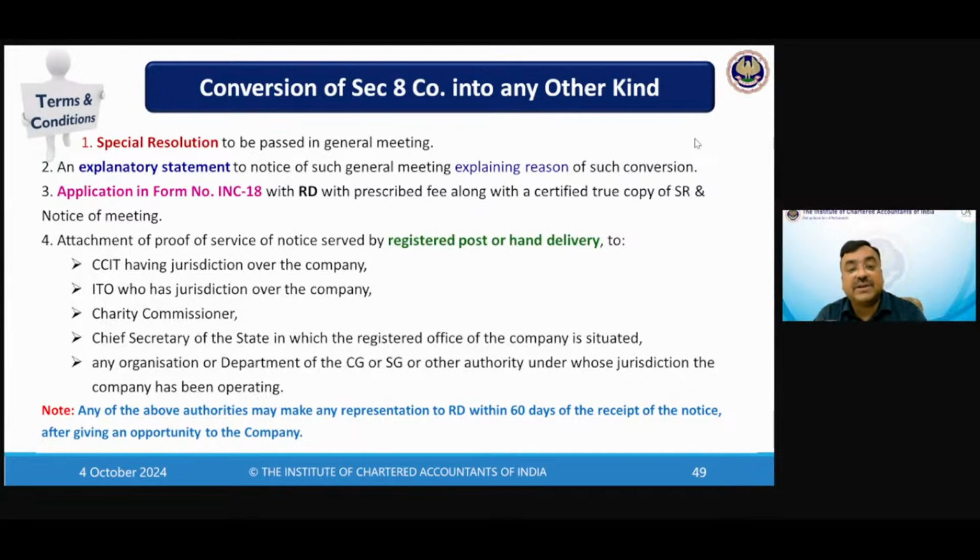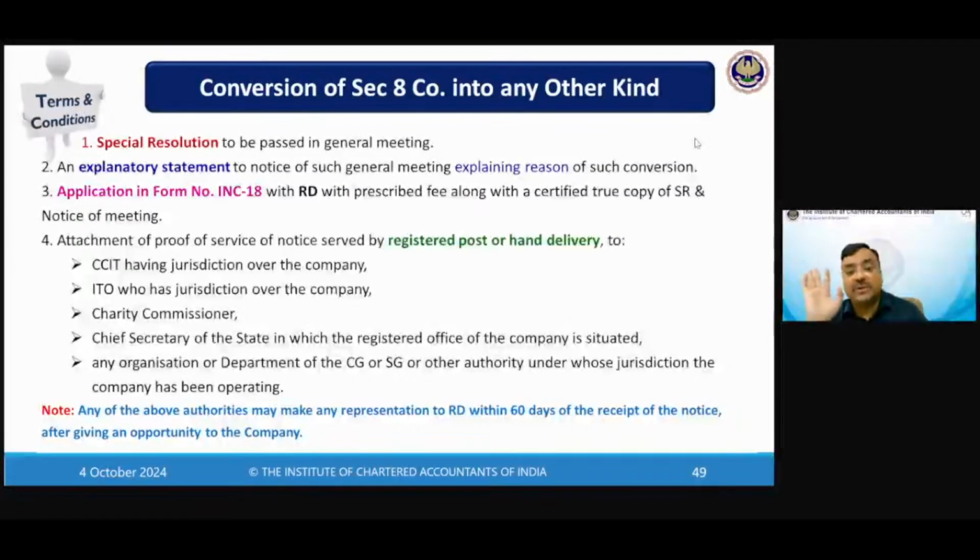Any organization or department of the central government or state government or other authority under whose jurisdiction the company has been operated. तो ये अथॉरिटी जो जो एप्लीकेबल हो रही हो उस एरिया के हिसाब से उनको आपको ये इंफॉर्मेशन भेजनी है. तो ऑल द अथॉरिटीज विच आर देयर एज पर द एरिया ऑफ द रजिस्टर्ड ऑफिस ऑफ द चैरिटेबल कंपनी. So to these authorities you have to send the information.